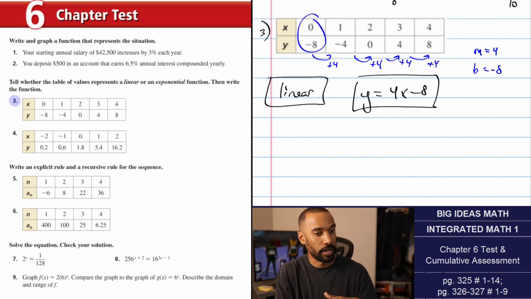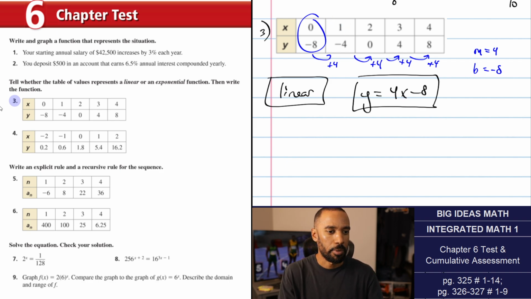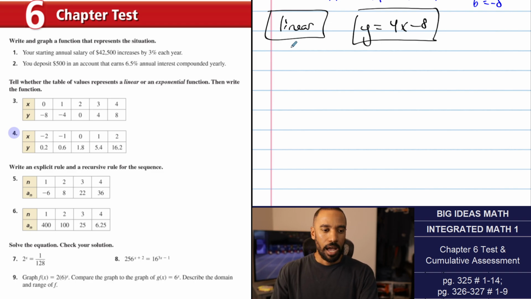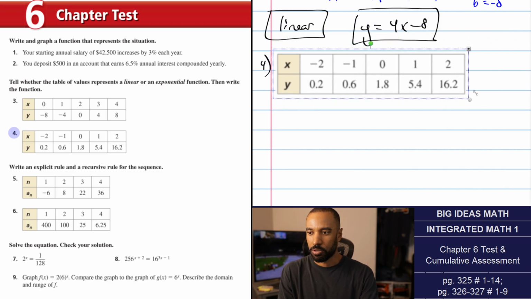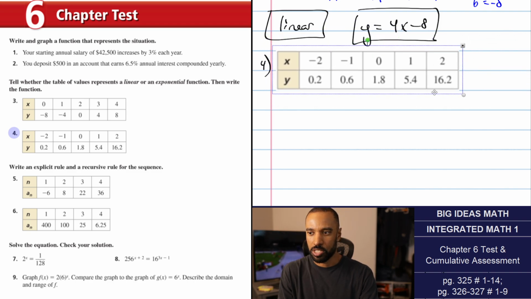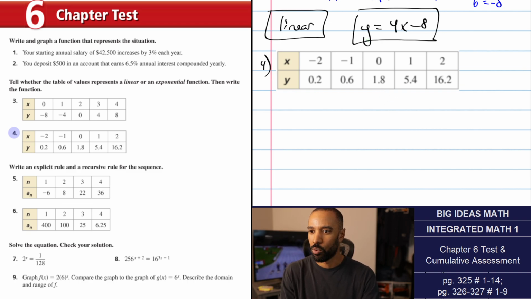Remember, it is over 1. That's what's happening. Number 4, I assume would have to be exponential, right? We need an exponential here. And it looks that way. If you don't know what you're multiplying by, remember you can divide a value by the one before it. X is increasing by a constant 1, so that's all good there. But what is 16.2 divided by 5.4 or 0.6 over 0.2? Well, it's the same thing as 6 over 2.